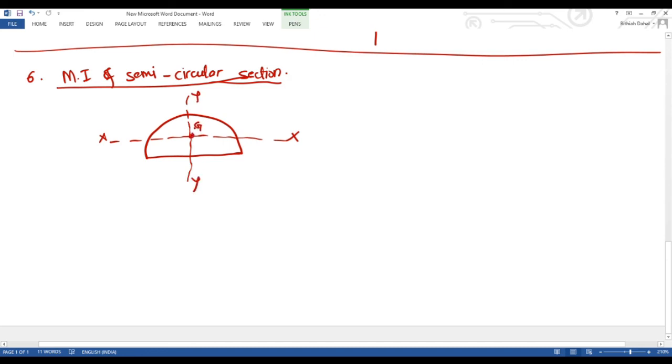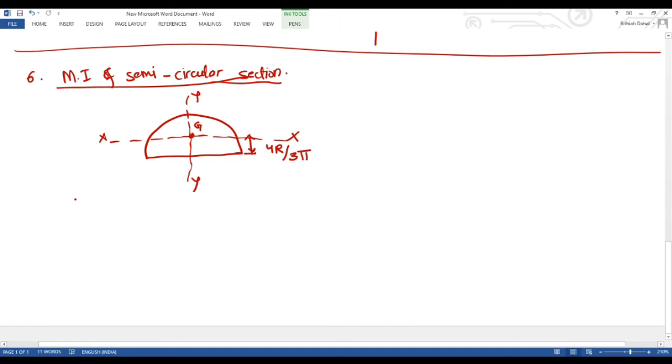Now to find the centroid, the height for this semicircular section lies at a distance of 4r by 3 pi from the base. So at this height you will have the centroid for a semicircular section.